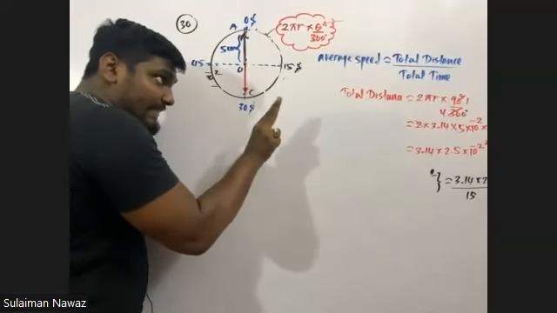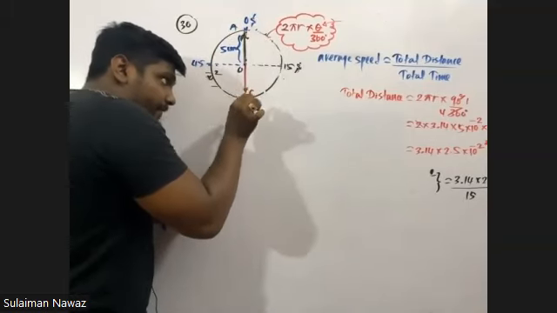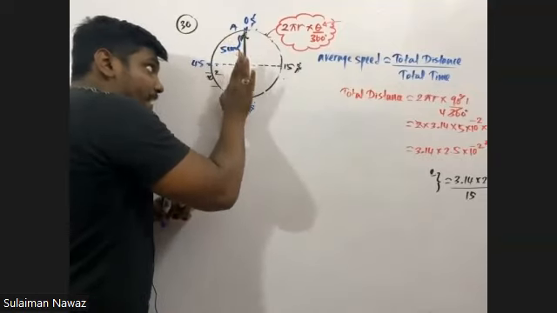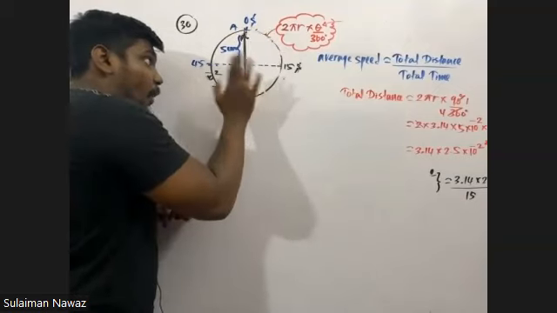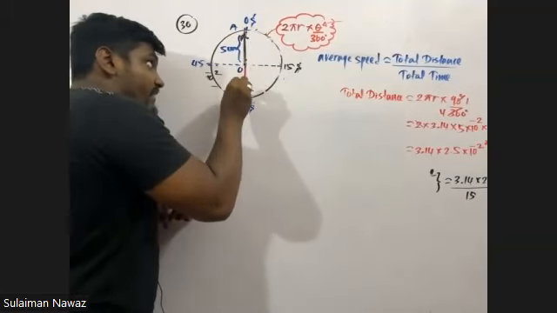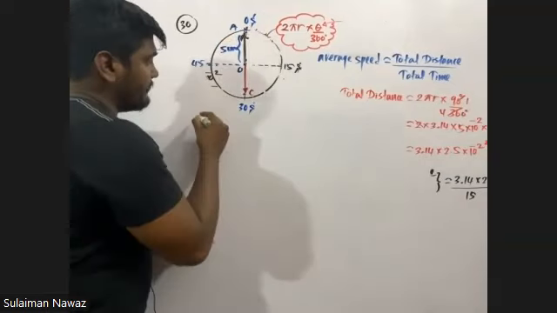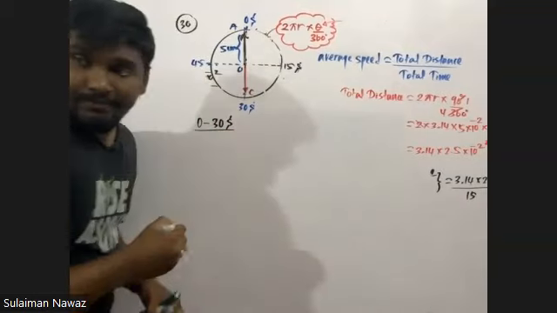Displacement means what? Shortest distance between initial point and final point. Everyone leave a reply. Anyone can answer. What is the displacement of your tip? Initial point to final point, the shortest distance. Leave a reply, everyone.